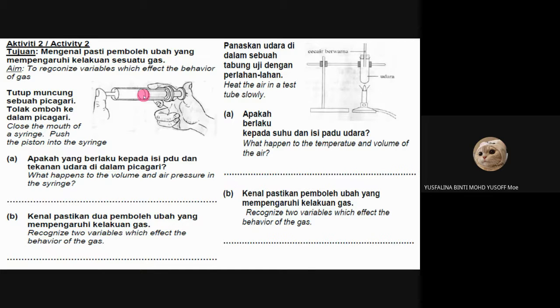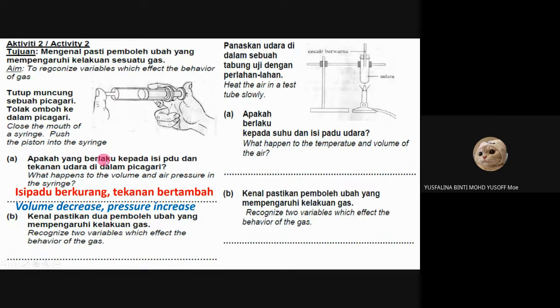So when the rate of collision increases, it means the pressure also increases, right? Just now the volume decreased, the pressure increased, because now they don't have so much space to move. So they will collide with the wall of the syringe more often. More collisions means the rate of collision increases, and so does the pressure.